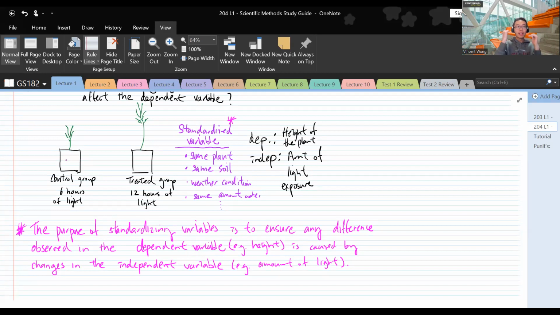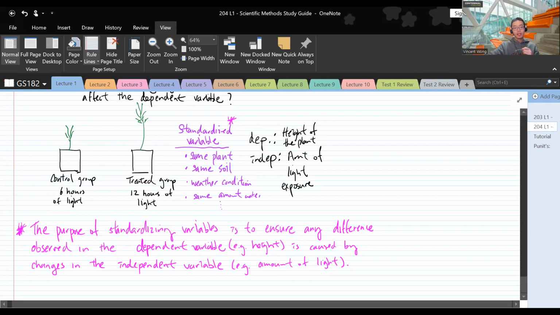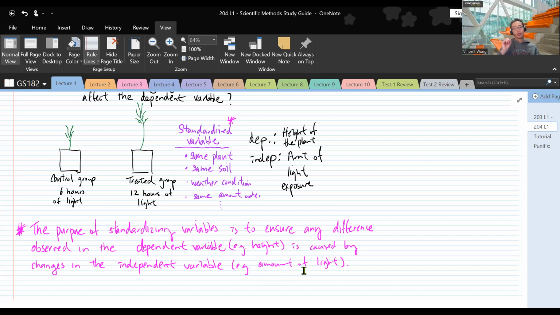So by standardizing the variables, making sure everything is the same between the two groups and the only difference is the amount of sunlight, you can say with high confidence that the difference in height, the dependent variable, is caused only by the amount of sunlight and not anything else, because everything else was the same except for the light. Is that better now? Yeah, I understand that.